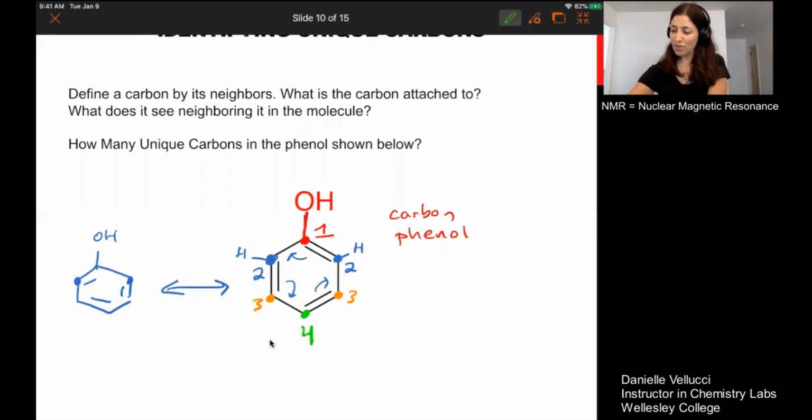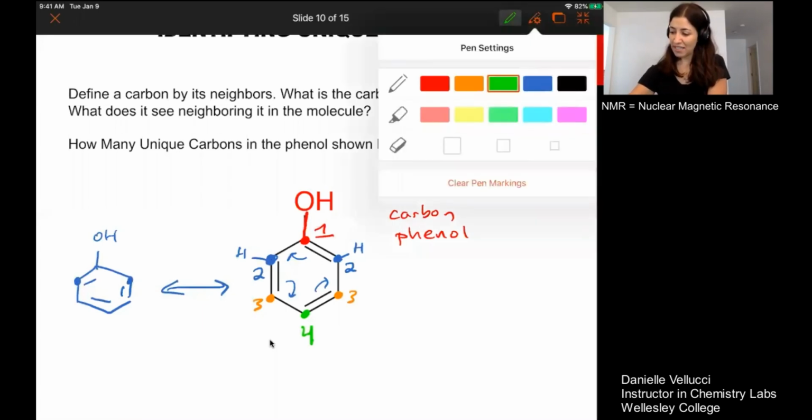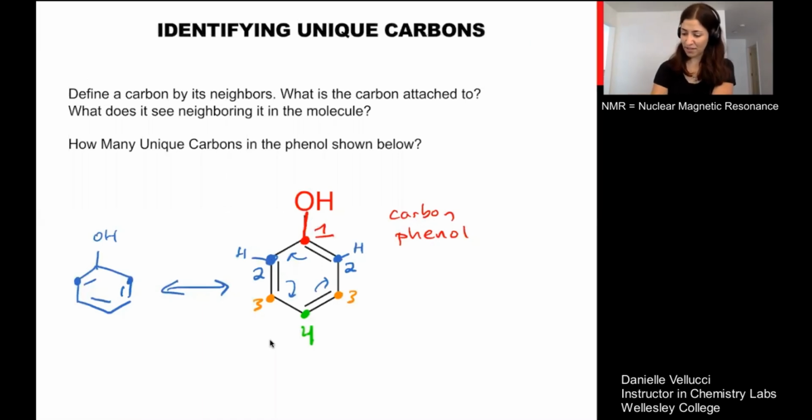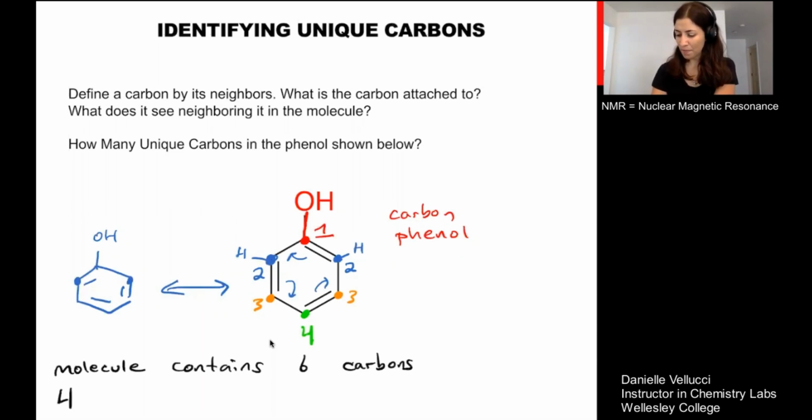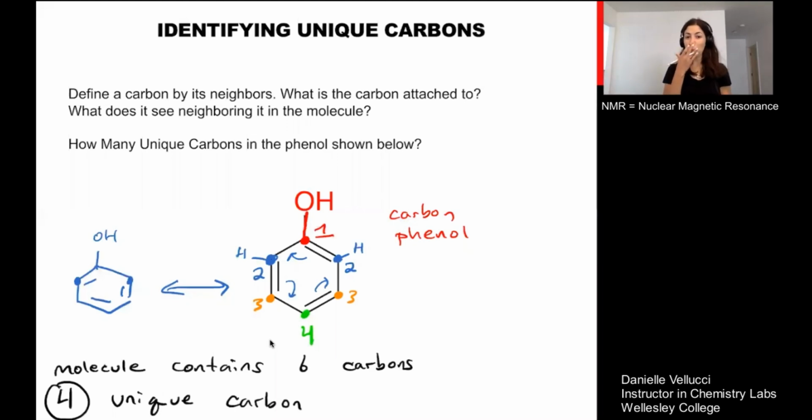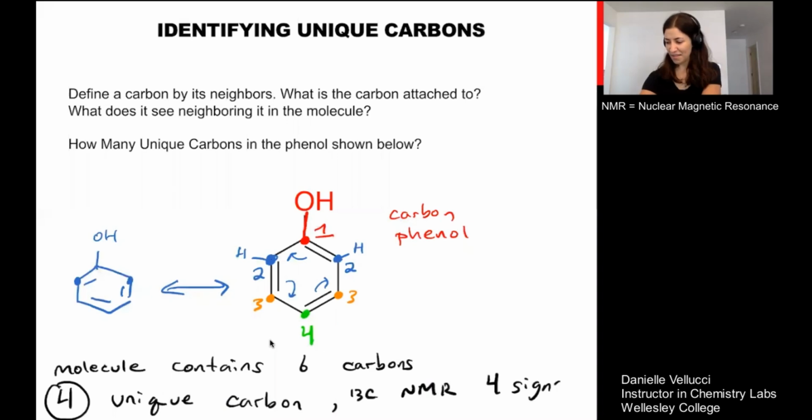So even though this molecule contains 6 carbons, we say that it has 4 unique carbons, meaning 4 distinct chemical neighborhoods that I can define from one another. So when I look at a carbon spectrum from the NMR, I would expect to see 4 signals, okay?